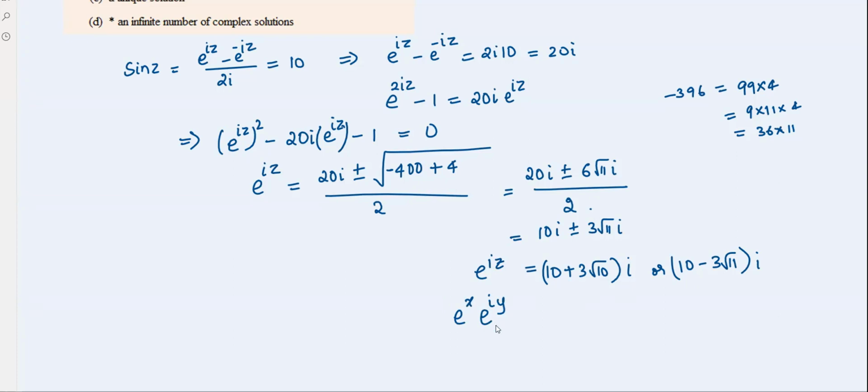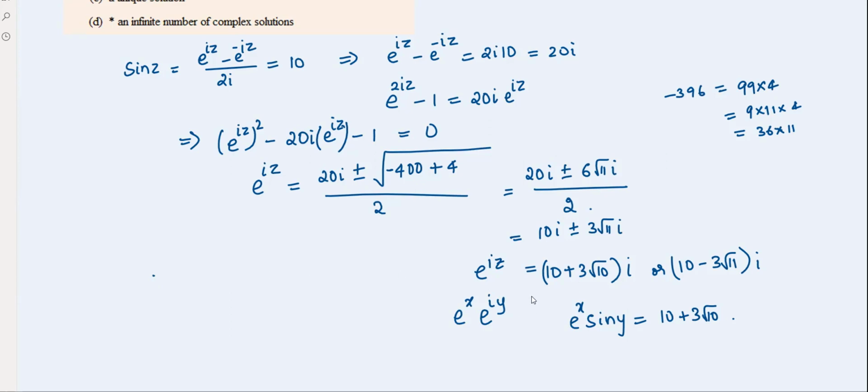So the cos term is 0, and you basically get e power x sine y as this. Of course, there are infinite values because, by definition, we know these are periodic functions.